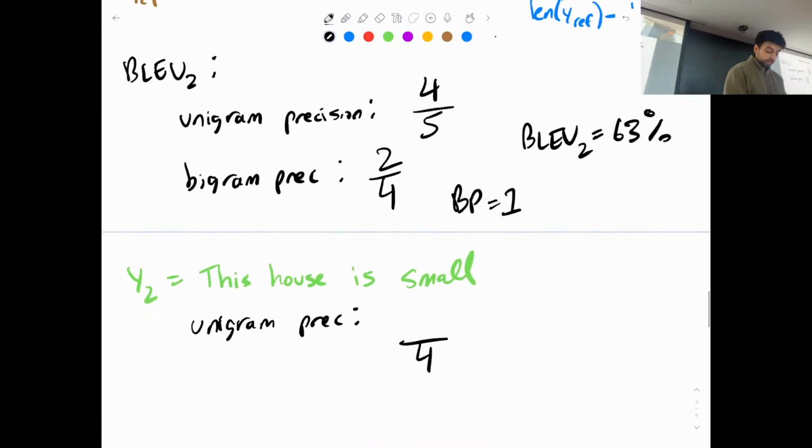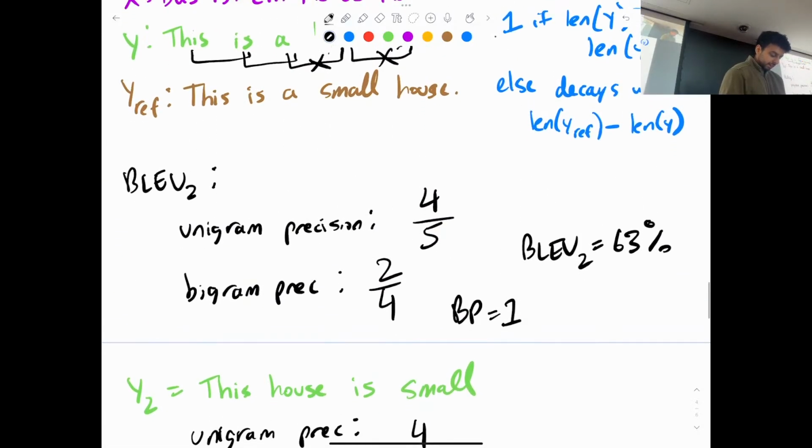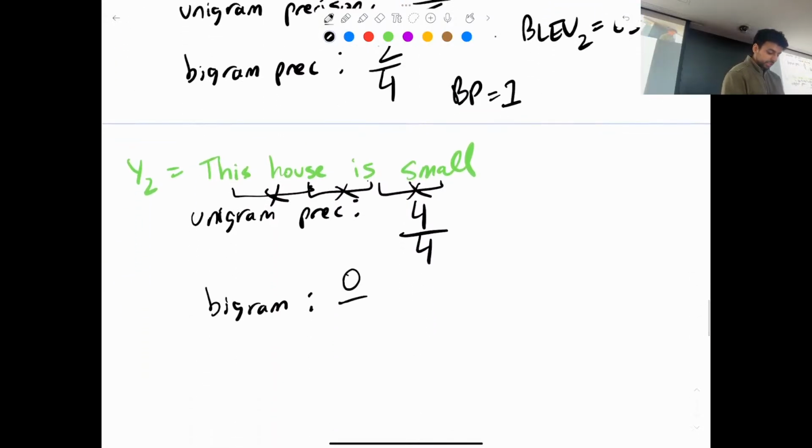So my unigram precision is 100%, but let's look at bigram precision. So here, this house does not occur in the reference. House is does not occur in the reference, and is small does not occur in the reference. And so my bigram precision is 0%.